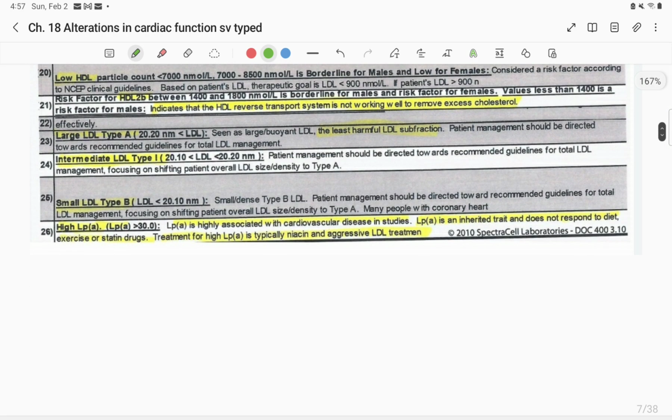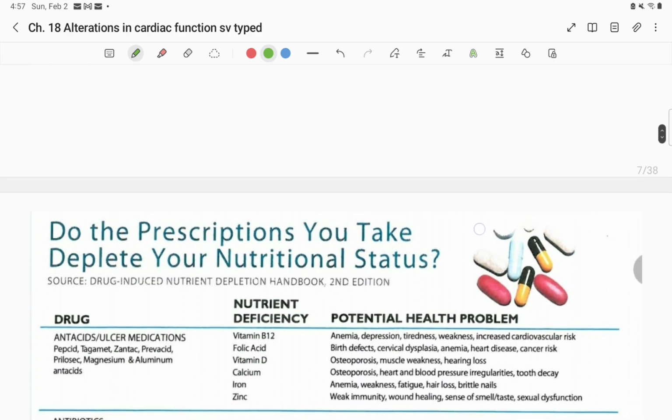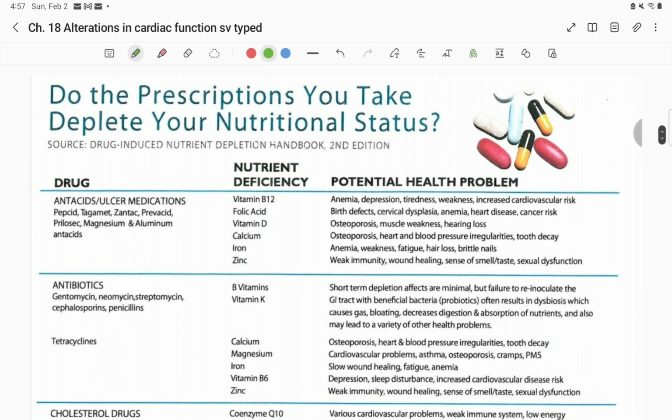After we go through patient education, we get into, okay, what medications are you on? Because they do cause nutritional deficiencies, and here are your potential health problems.